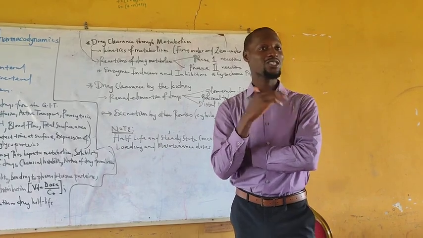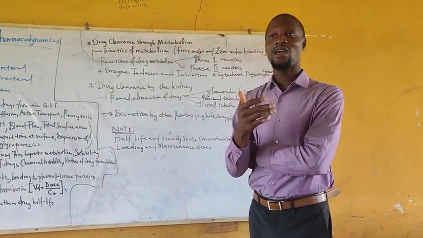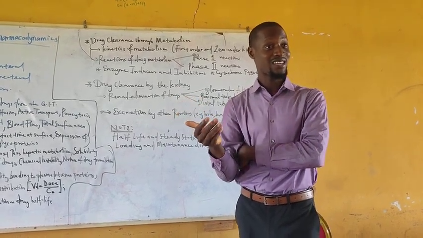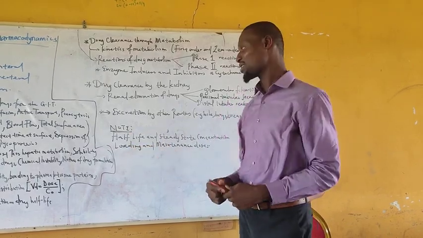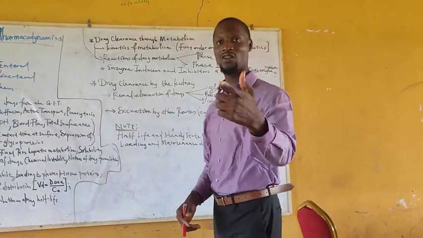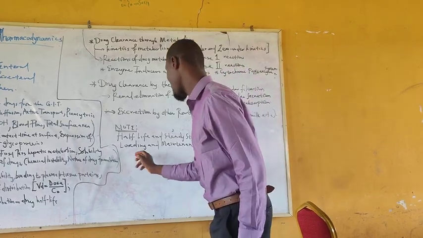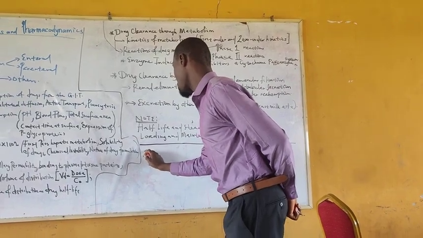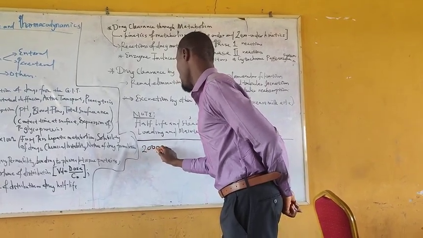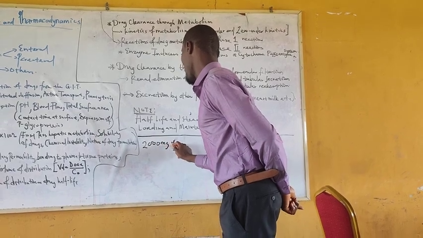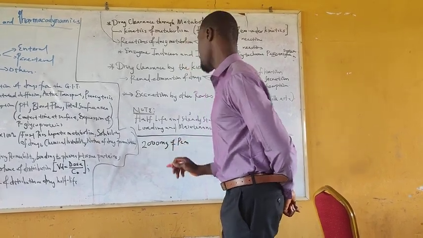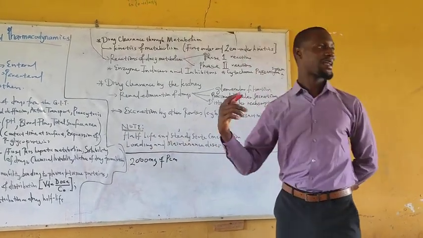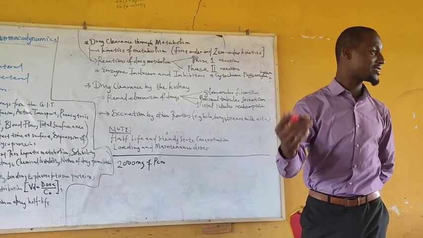So when we say a constant fraction, let us say a constant fraction is 10%. 10% is 1 over 10. So if a constant fraction of a drug is metabolized for first order, for example, let's say the drug we gave is 2,000 milligrams of, let's say, PCM. A constant fraction per time is just 10%.